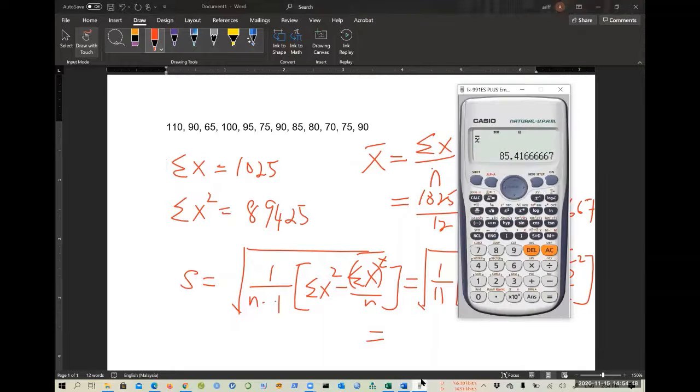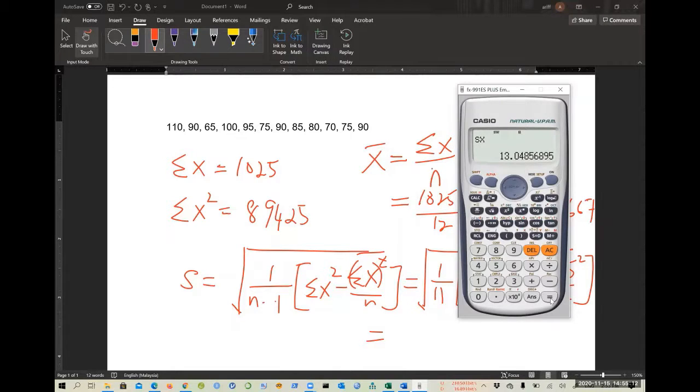So bring up the calculator again. So shift number 1, and you want number 4, that is for the variable. And then you want the number 4 as x, because this is a sample, not a population. So you want number 4, right? So 4. Okay, and then click equal sign.